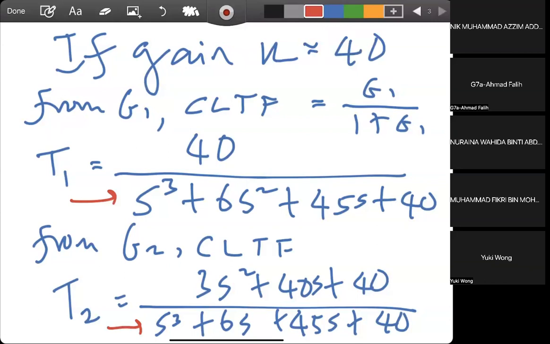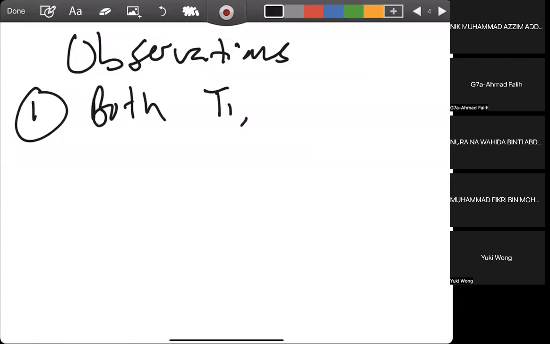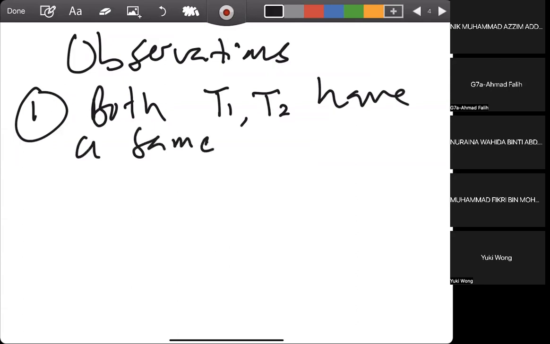So the first observation is they have the same characteristic equations. That is observation number 1.